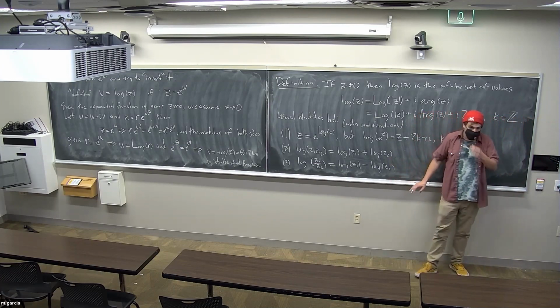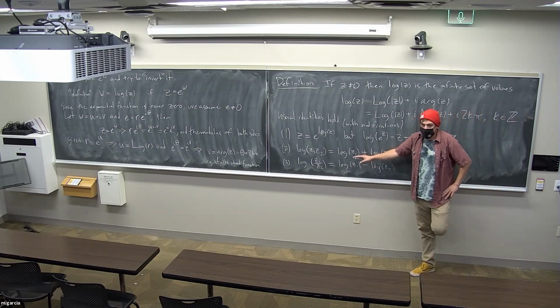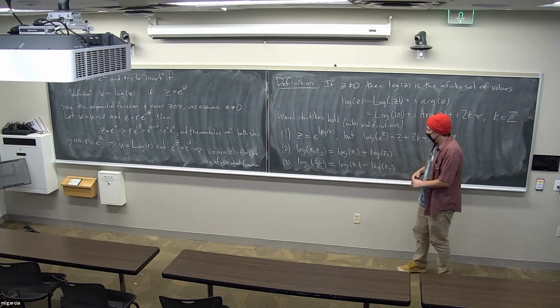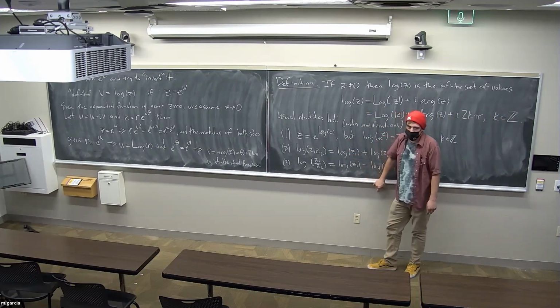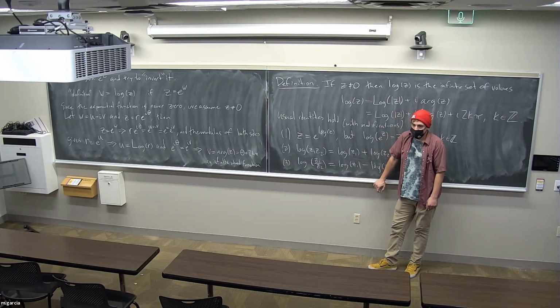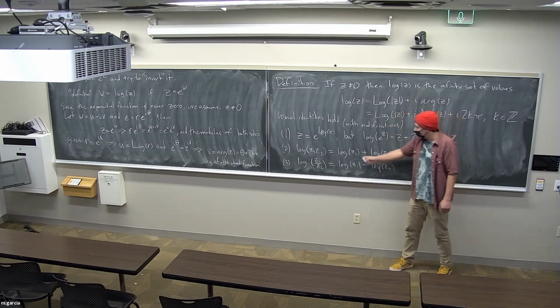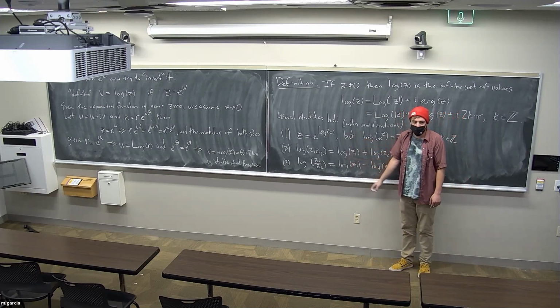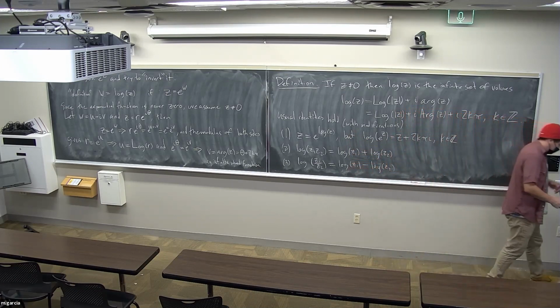But suffice it to say, for lowercase log, where these assume infinitely many values, if any two of those values are specified, let's say I specify the particular log of z1 z2 and the particular log of z2, then one of the infinitely many values that log of z1 takes will make this equation true. Okay? All right.